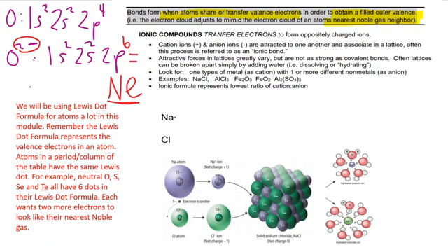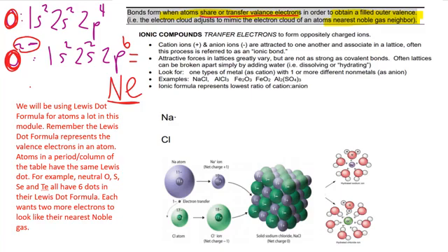So this is an oxygen atom's electron configuration, and this is an oxygen ion's electron configuration. We transferred electrons, and that's how I got this negative charge to fill out that outer shell.